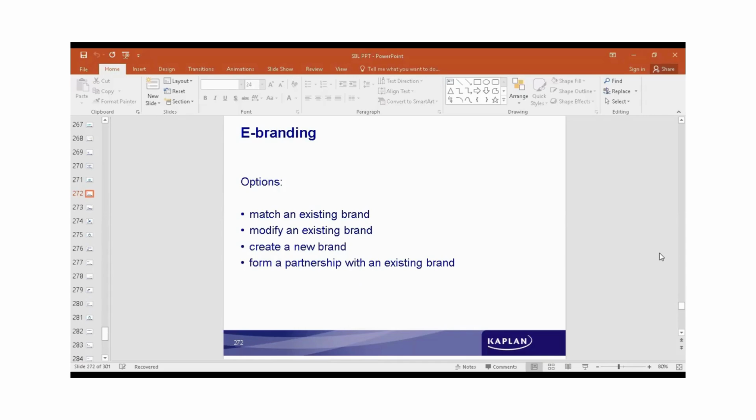They can also brand themselves because it becomes a comparative analysis there. Match an existing brand, because you are present on the electronic platform. Modify an existing brand, maybe some measures are taken up. Create a new brand. You can also become a partner with an existing brand.